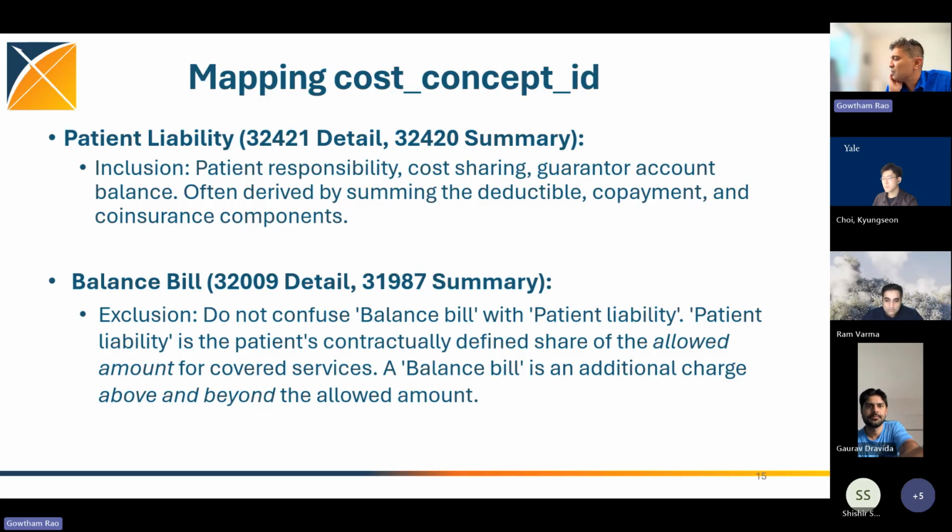Balance bill. Balance bill is a very interesting idea that is there in the US, but shouldn't be there. If you go out of your network, then the provider is not obligated to be restricted to the allowed amount, while the third-party liability payer will say, I'm only paying a Medicare allowed amount plus a multiplier.